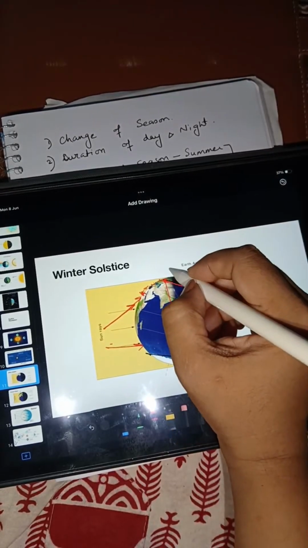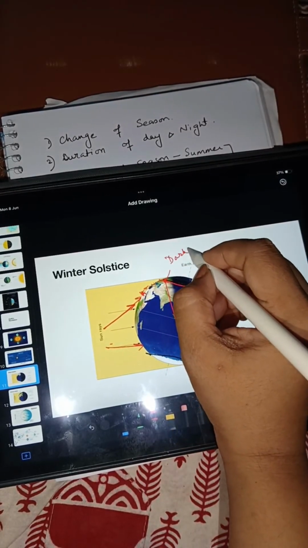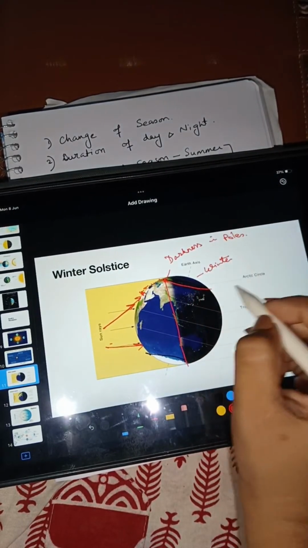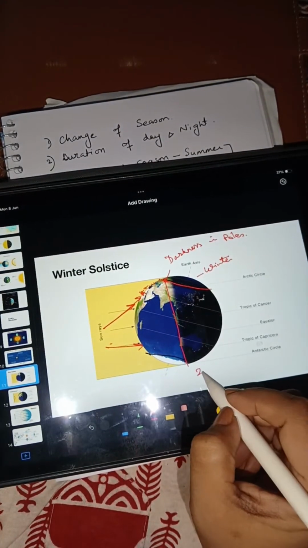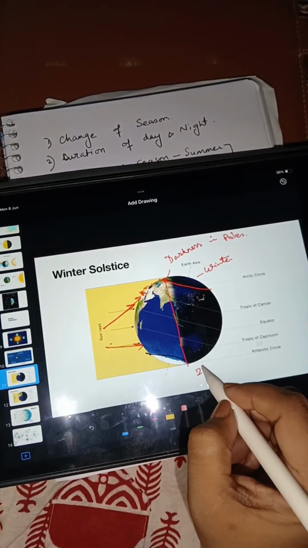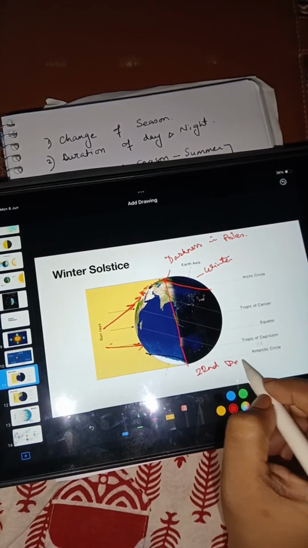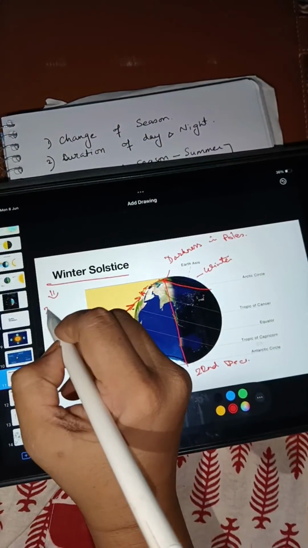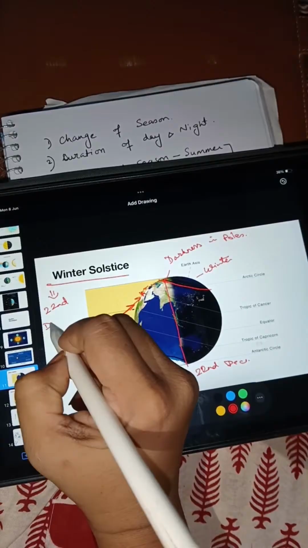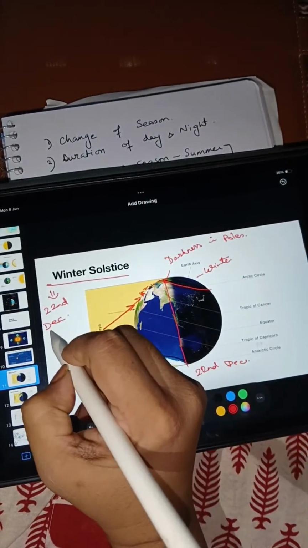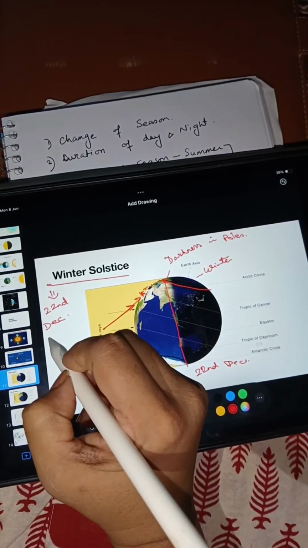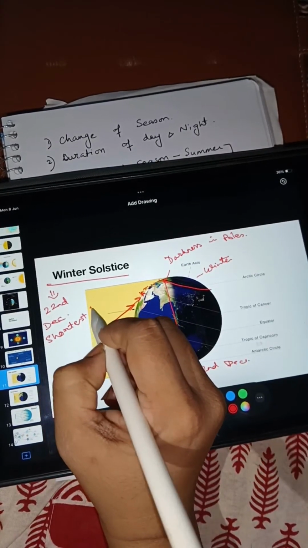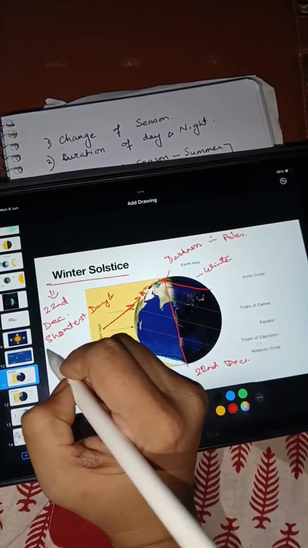6 months of darkness in the poles, and this day, 22nd December, is what we call winter solstice, where in the northern hemisphere we get the shortest day and longest night.